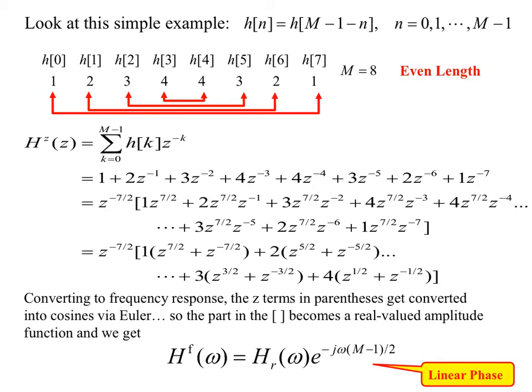So let's take a look at this. I'm going to motivate this through an example rather than trying to prove this all arbitrarily. But if you go through this example, it sets the stage and the steps for how you would do this arbitrarily.